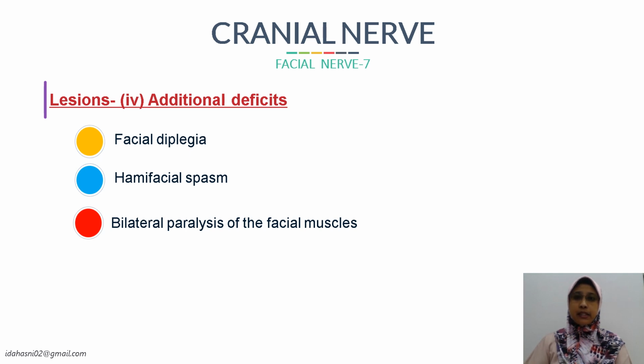Hemifacial spasm is irregular and sometimes painful contractions of the facial muscles that may be triggered by voluntary movements of the facial muscles. Hemifacial spasm may follow an episode of Bell palsy or result from compression of the root of the facial nerve by lesions or vessels. Patients also may experience bilateral paralysis of the facial muscles.